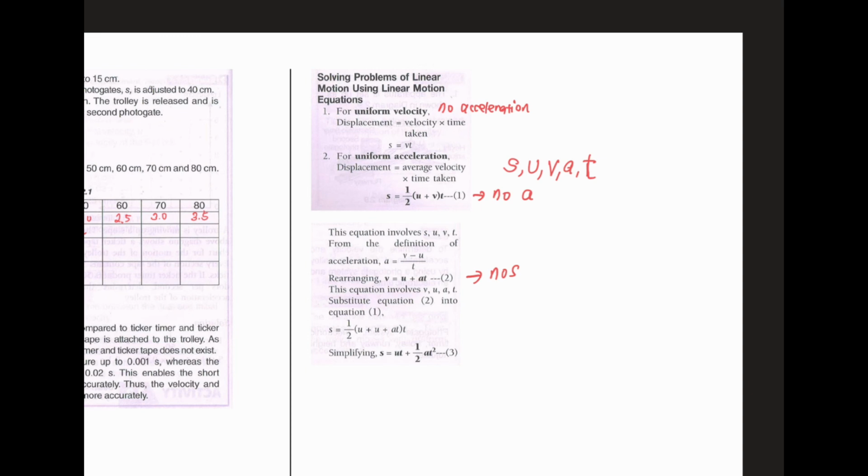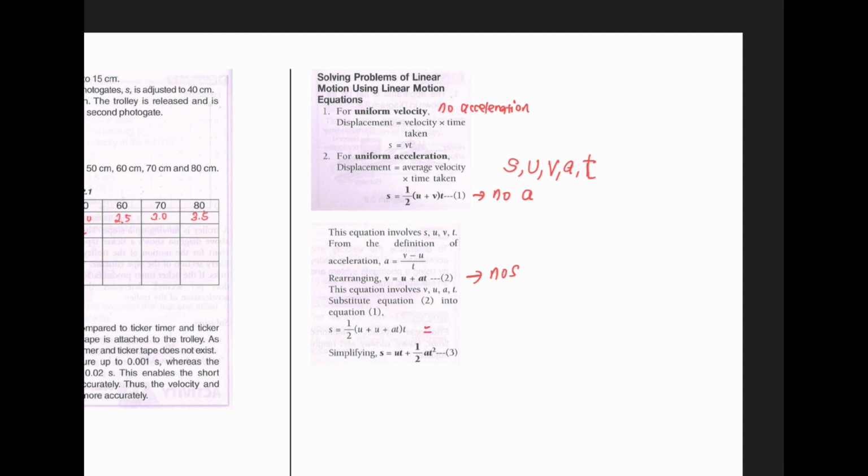Okay, now substitute equation 2 into equation 1. So imagine equation 2, this one, substitute into equation 1. That means this v is replaced by u plus at. So you can see here, u plus at. So u plus u, 2u times t, 2ut.